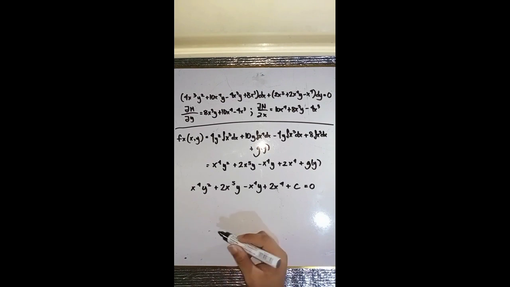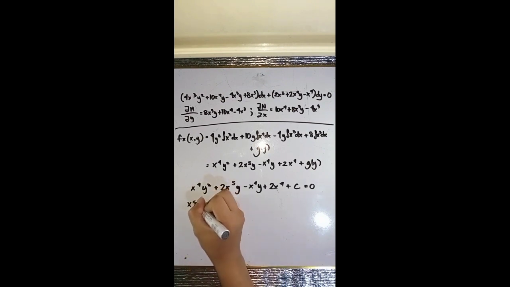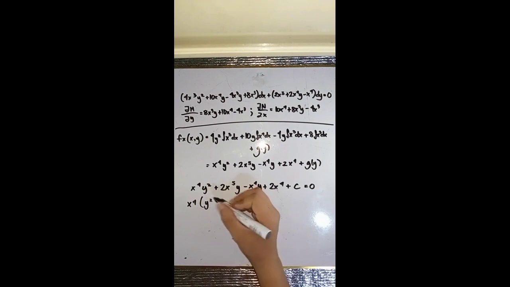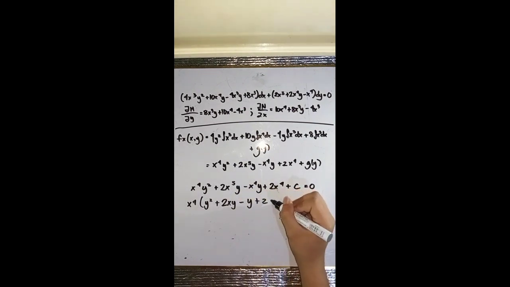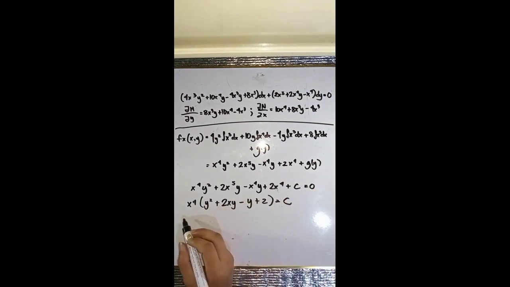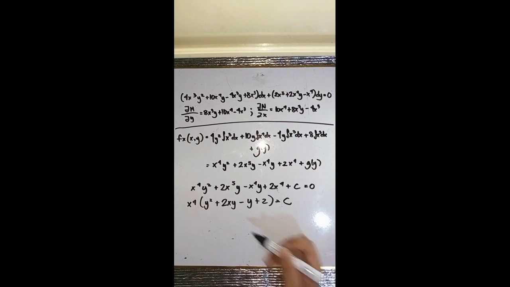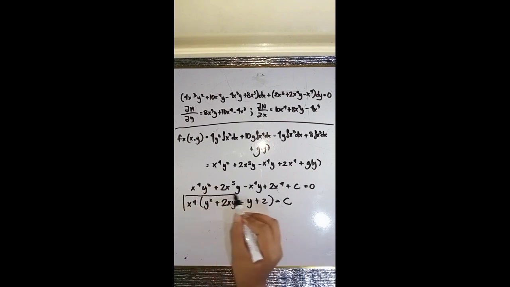Now we can simplify this answer by taking out x and its lowest exponent. So x to the fourth is the lowest exponent in the equation. So x to the fourth multiplied by y squared plus 2xy minus y plus 2 equals the arbitrary constant c. So this is our final answer.